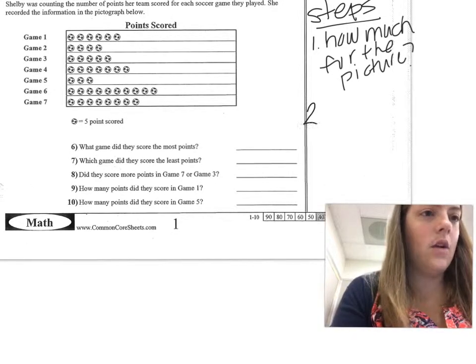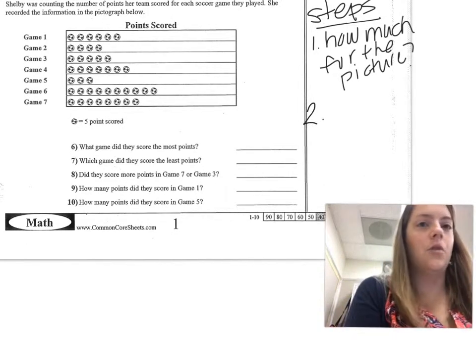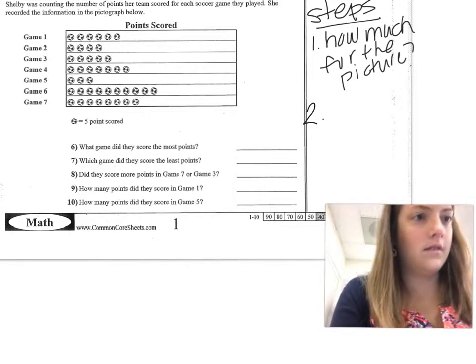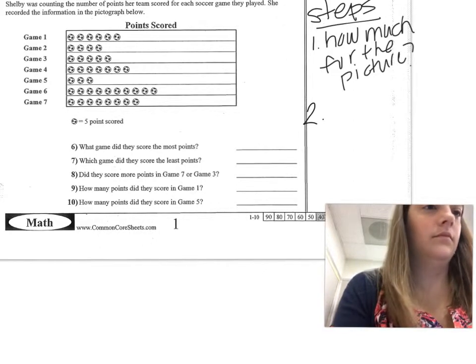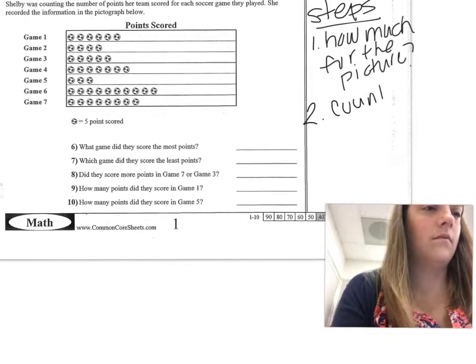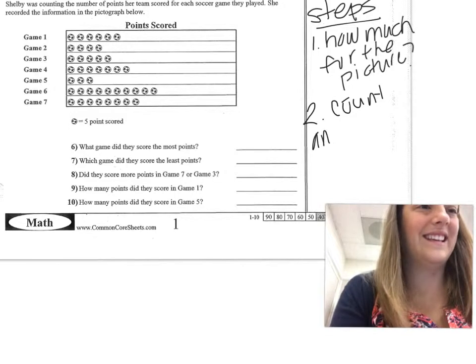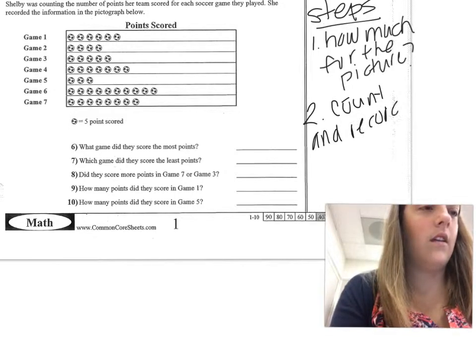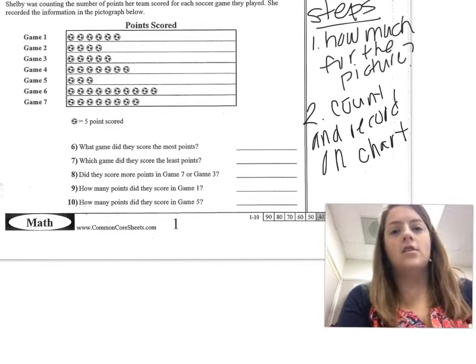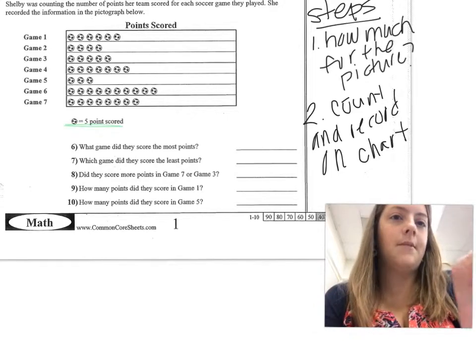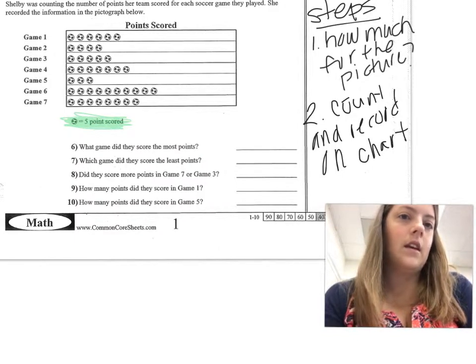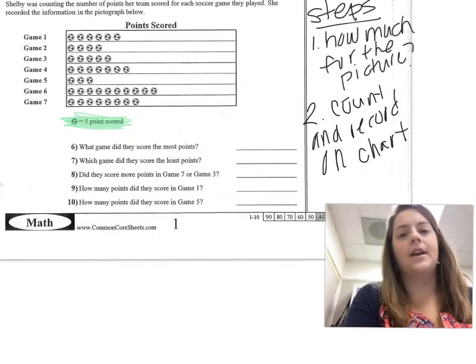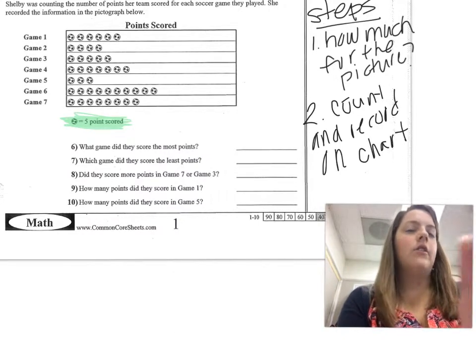The second thing you want to do is count and record on your chart. Okay? So the first thing you're going to do is step 1 right here. Find a highlighter to do this. Step 1, how much is the picture worth? Step 2, count and record on the chart.